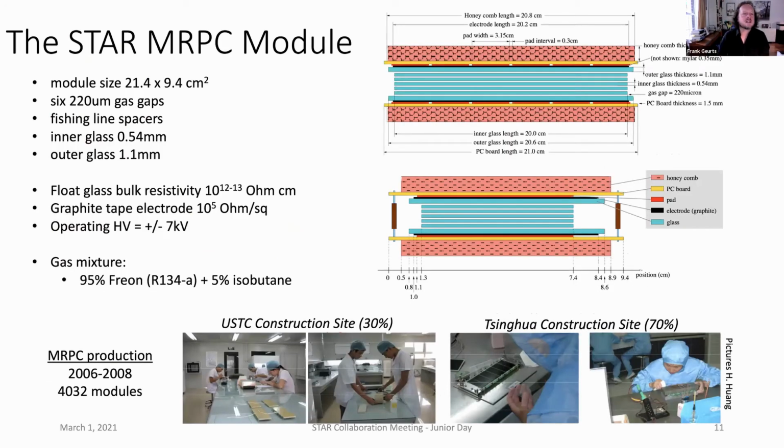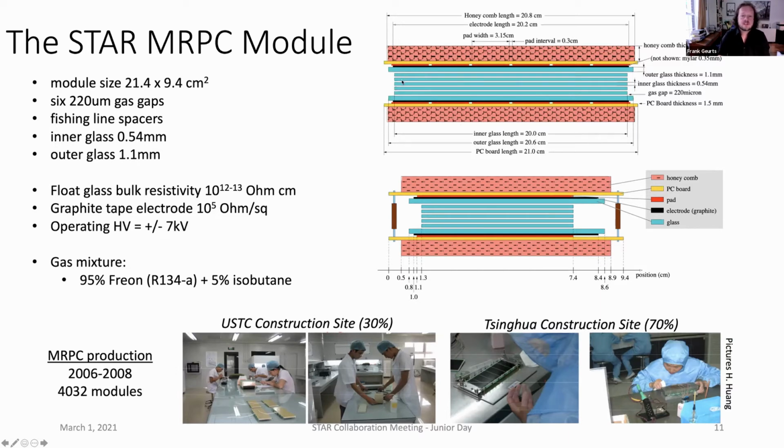All right, how does that translate to the STAR MRPC module? The STAR MRPC module looks like this. It's a size of about 20 by 10 centimeters. We have 6 gas gaps of 220 micrometers. You can see that here in this side view.